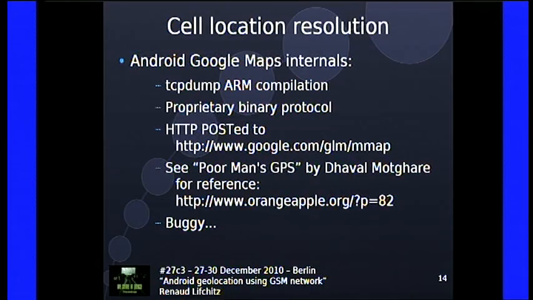So first of all, let's talk about Android Google Maps internals, right? I have compiled tcpdump for my Android phone, which is a Nexus One. You need to cross-compile tcpdump for the ARM architecture, because of course the phone doesn't run an Intel processor, right?